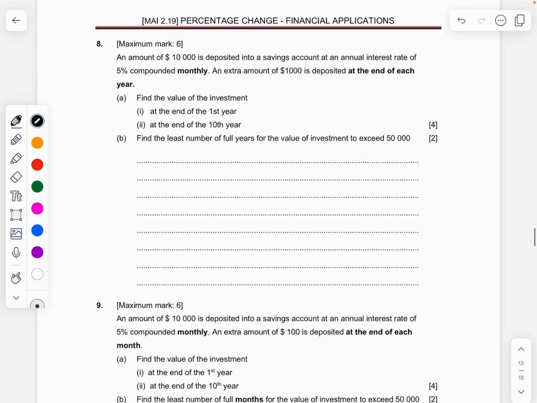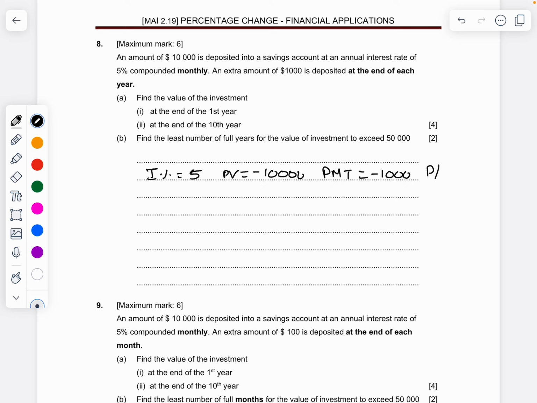Now question number 8. An amount of 10,000 is deposited into a savings account at an annual interest rate of 5% compounded monthly. An extra amount of 1,000 is deposited at the end of each year. Find the value of the investment at the end of the first year and 10th year. For this, keep I% equals 5, principal value is minus 10,000 and PMT is minus 1,000.